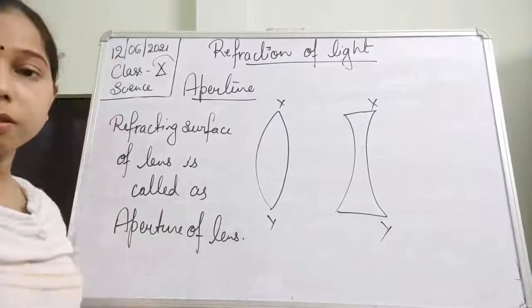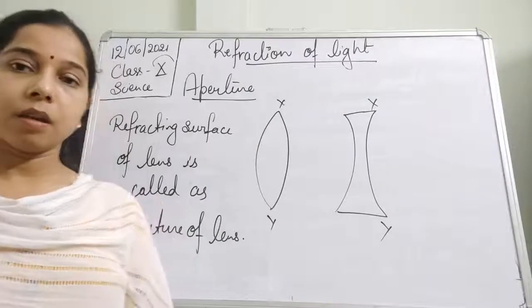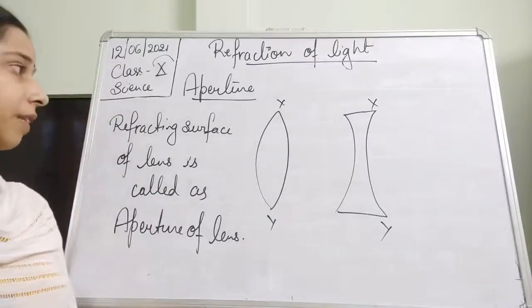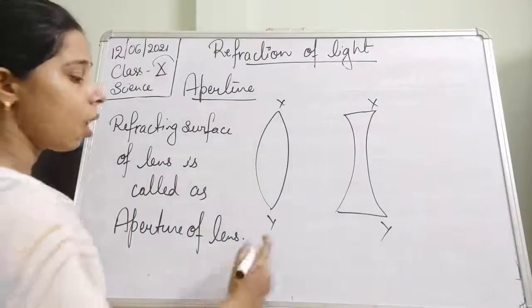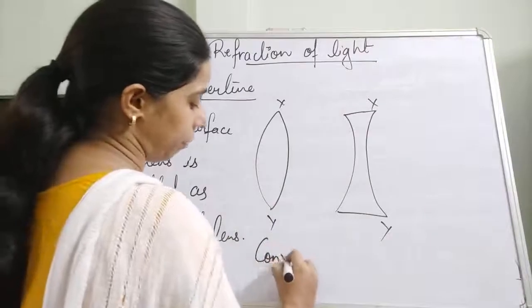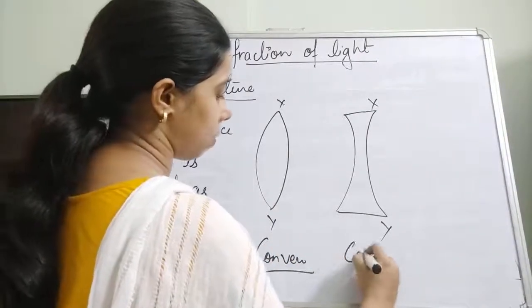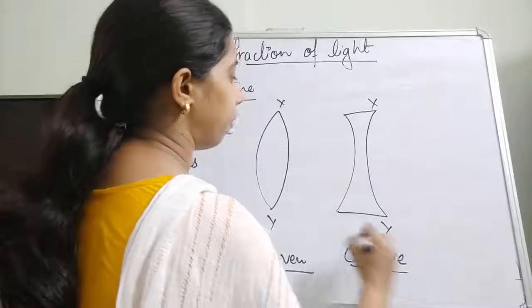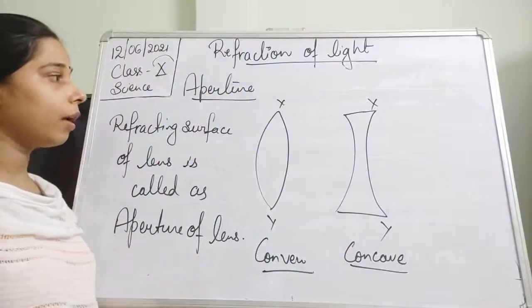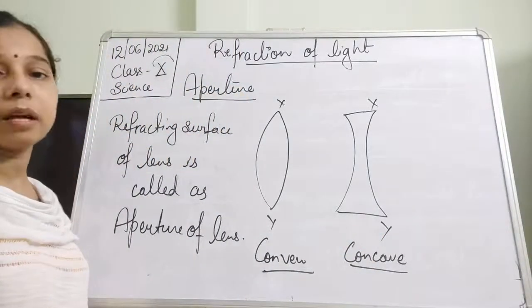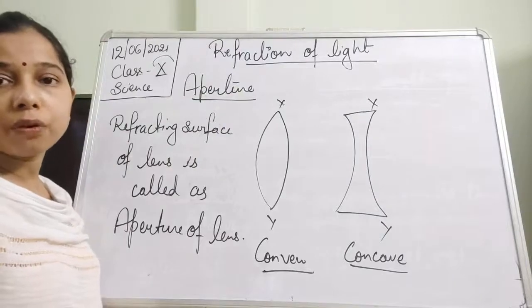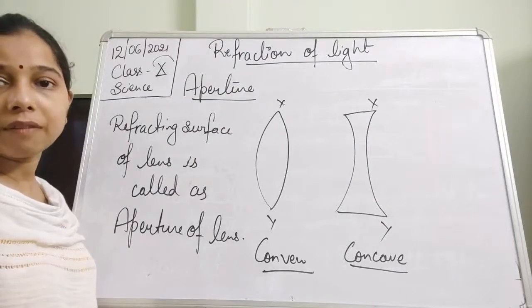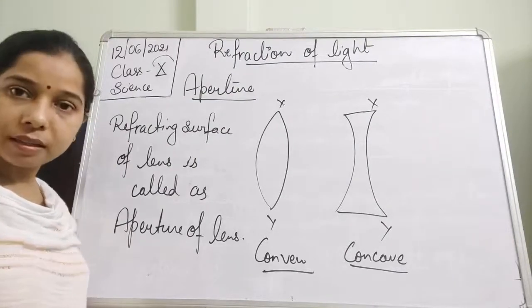So this is the refracting surface, either in the case of a convex or a concave lens. X and Y, that is the surface, and this is called the aperture of both of the lenses, the concave lens as well as the convex lens.